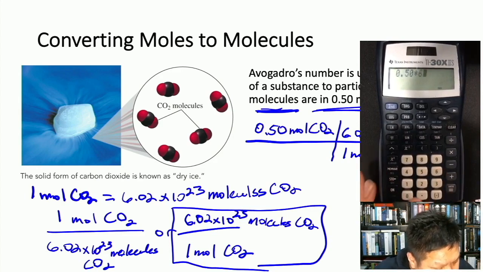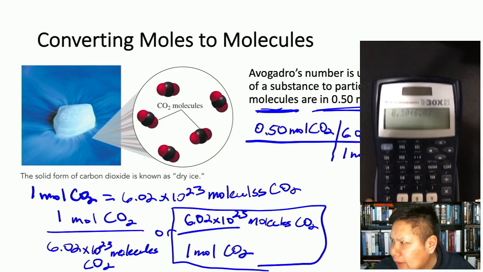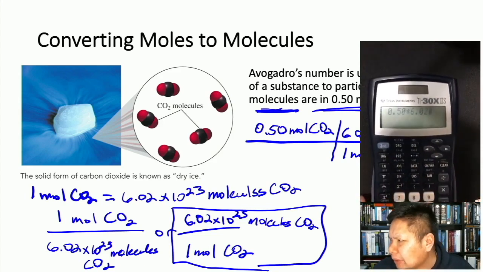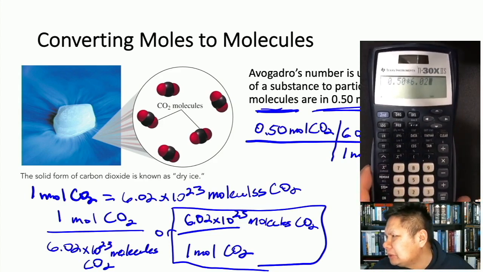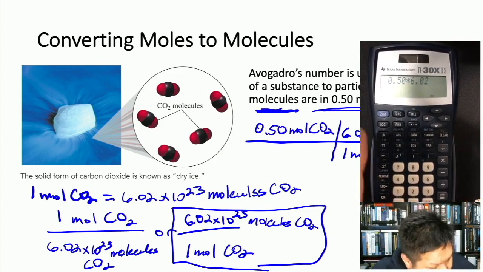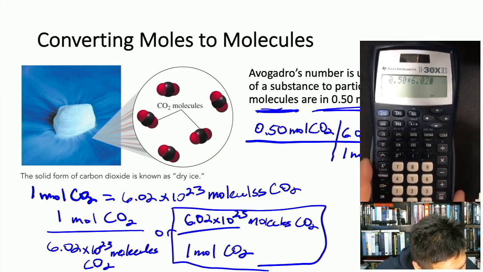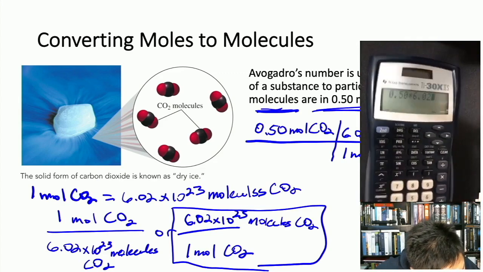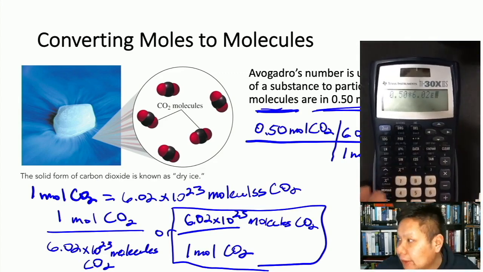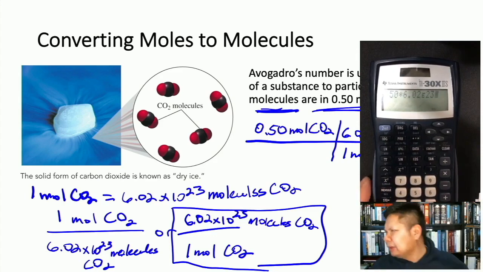It would be 6.02, which you probably already knew, and then it's 10 to the 23rd. So this is where you type in second, and then E, to the 23rd, and type in 23. So that's how you type in Avogadro's number in the calculator.